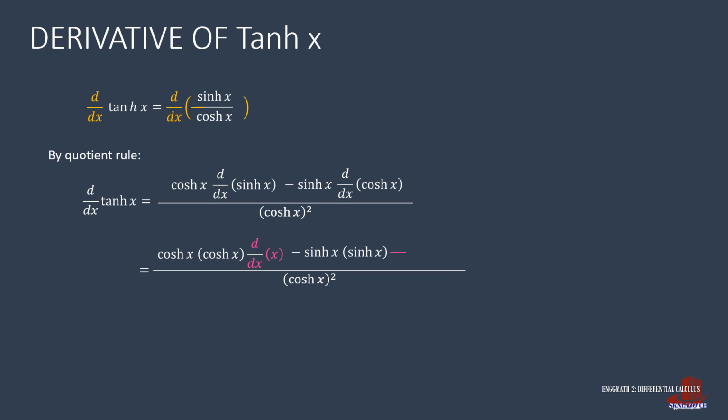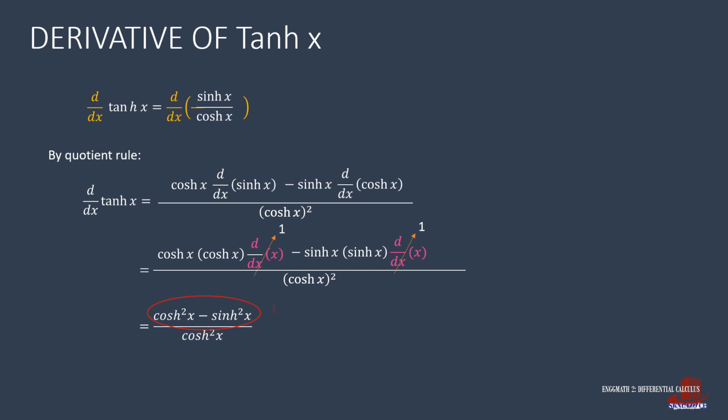The second term starts with the copied hyperbolic sine and the derivative of cosine, which is sine, then attach dx over dx. From the two terms, dx over dx is cancelled out to 1. Simplifying the terms into the square of hyperbolic cosine minus the square of hyperbolic sine all upon the square of hyperbolic cosine.